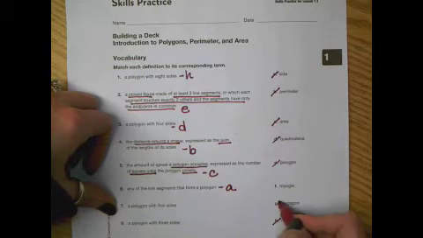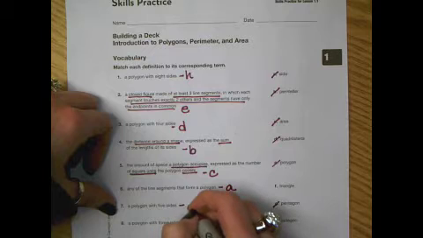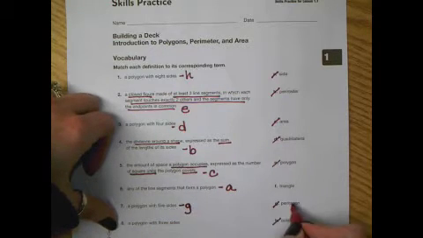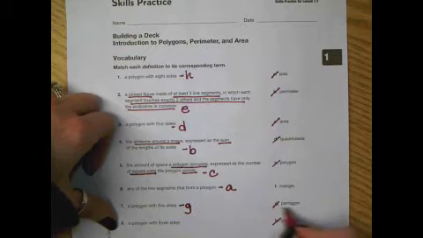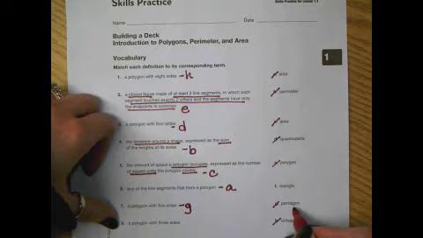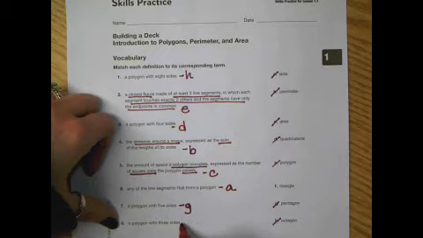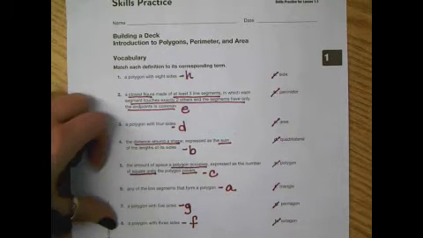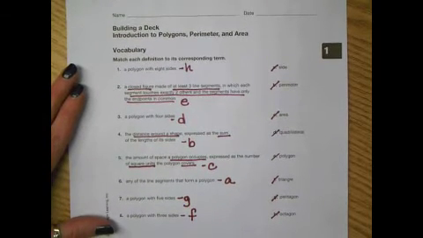So 5 sides would be our pentagon, and don't forget about that one. We have the building in Washington, D.C., also called the Pentagon because it's shaped like a pentagon, has 5 sides. And then a polygon with 3 sides is a triangle.